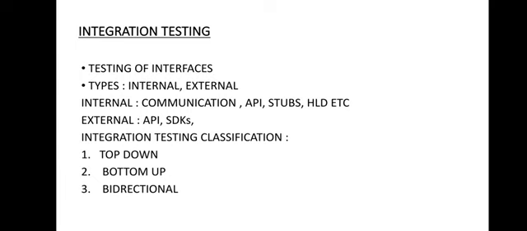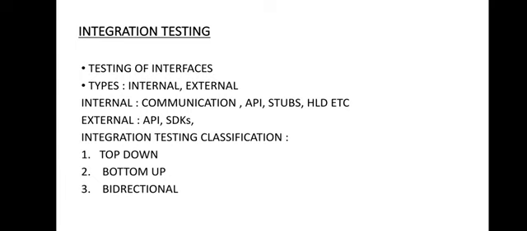So this is the main point, that when we are going to check the internal interfaces, all these points should be kept in mind. Next, when we talk about external interfaces, basically the exported interfaces are external interfaces. These are provided through application programming interfaces and software development kits.